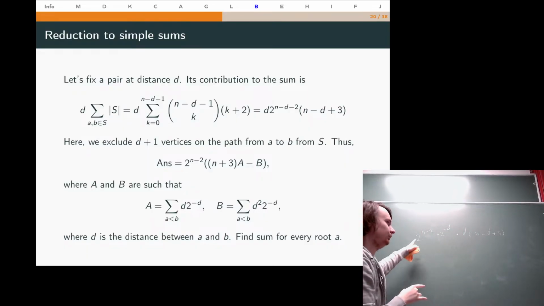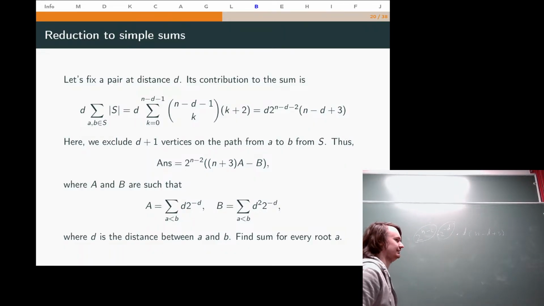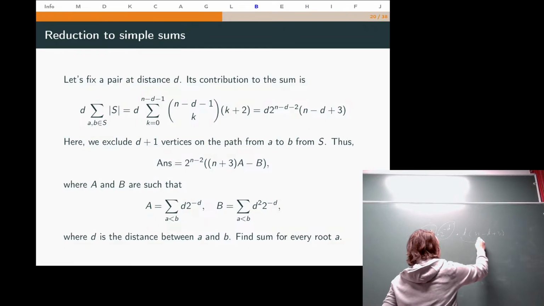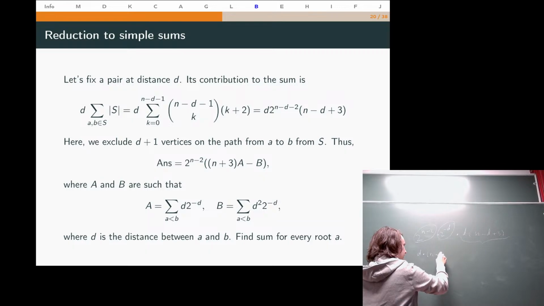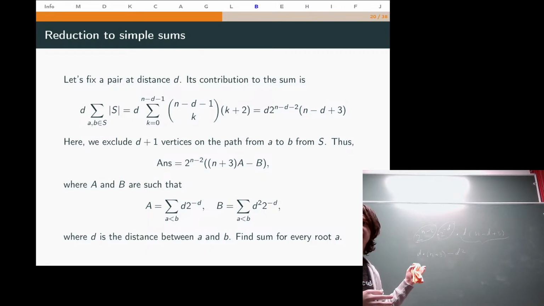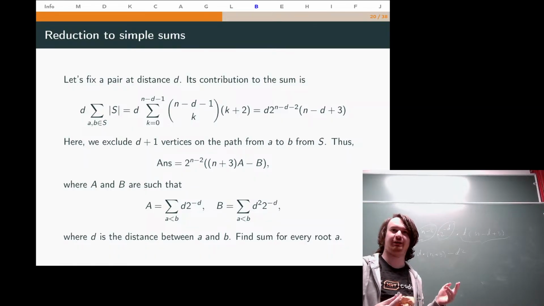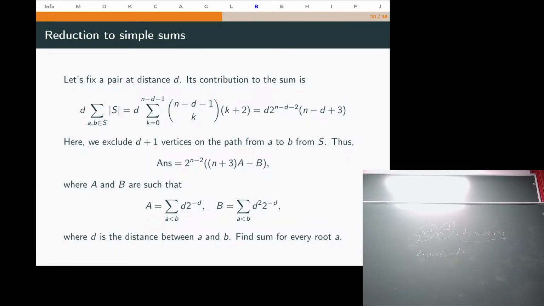So 2 to the power n minus 2 is this one, 2 to the power minus d is this one, and then we group this into d times n plus 3 minus d squared, and then we plug it back into the sum over all possible pairs of vertices, and then this reduction. Does that answer the question?